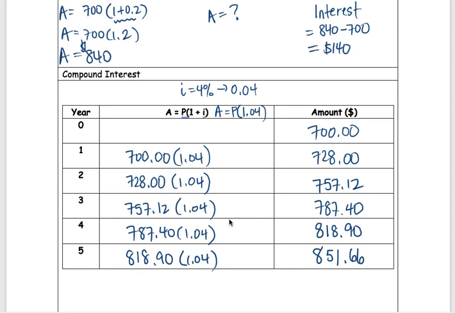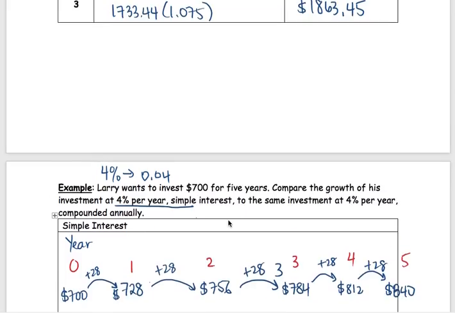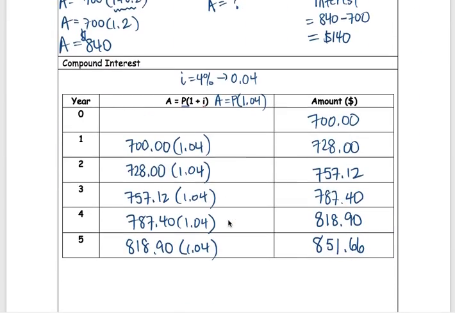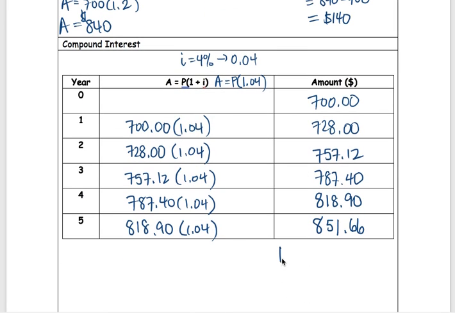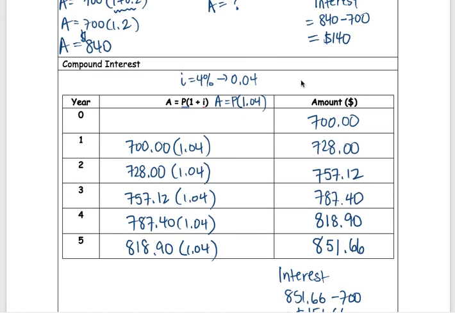You are going to calculate the simple interest and calculate the compound interest, and so we're going to figure out, okay, how much interest did we make here? Do that. Okay, so again, we ended up with 851. We originally had 700. So we get the interest made from placing his money into this account. So he made $151.66, where here he only made $140.